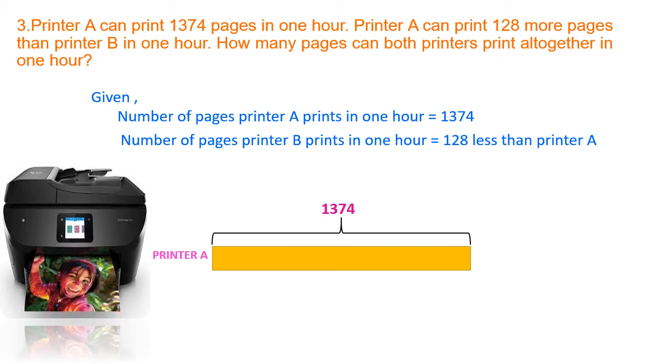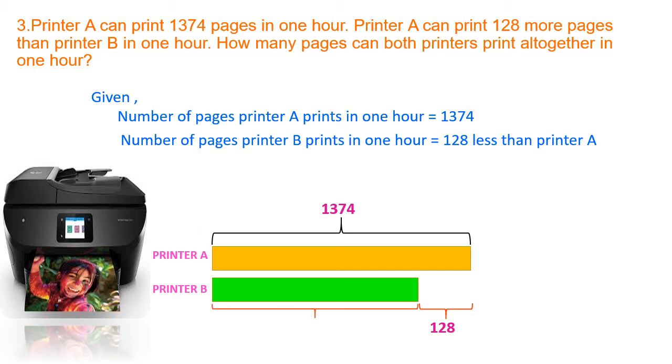So let us now represent this with the help of a bar model. So printer B is represented with this green bar, and by how much this green bar is shorter than the yellow bar is also given, which is 128. So in order to find out the number of pages printer B prints in 1 hour, we have to find out this region.